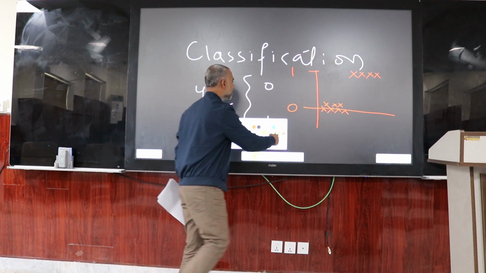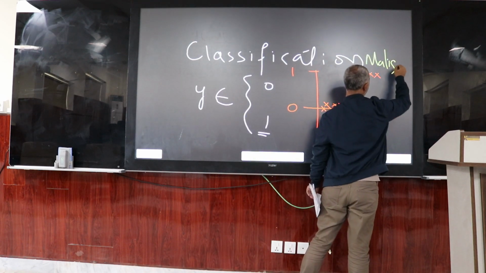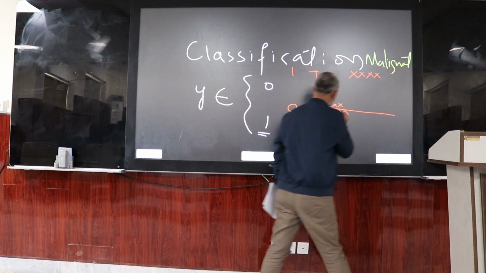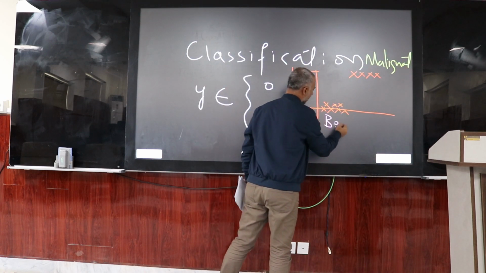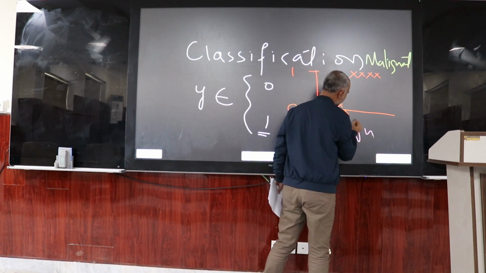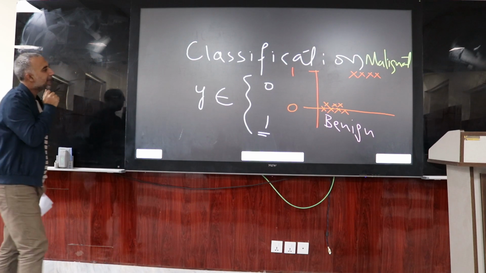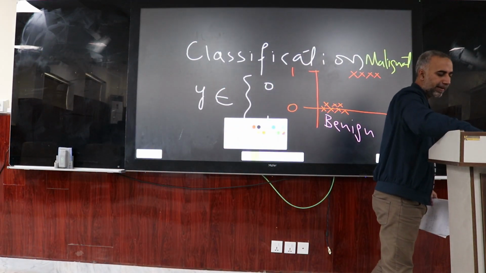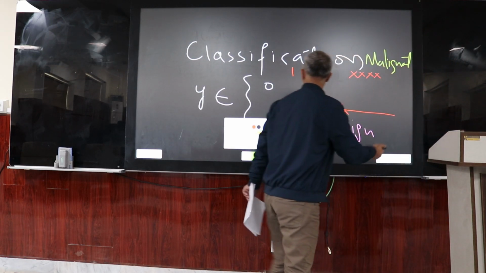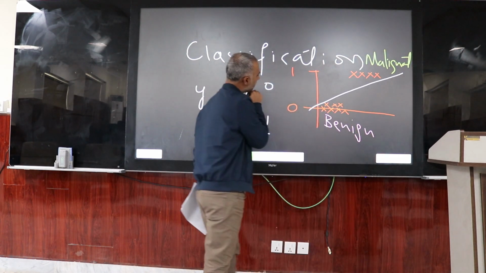Malignant means very dangerous. And this one is benign, very small or negligible. And this can be predicted with the help of some hypothesis line, and this hypothesis line is like this one.